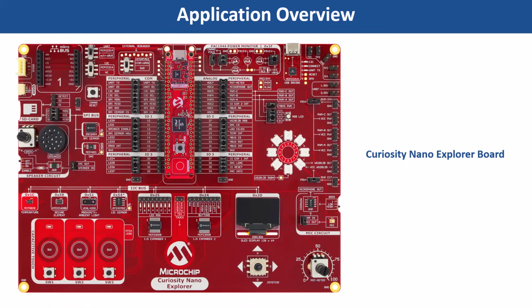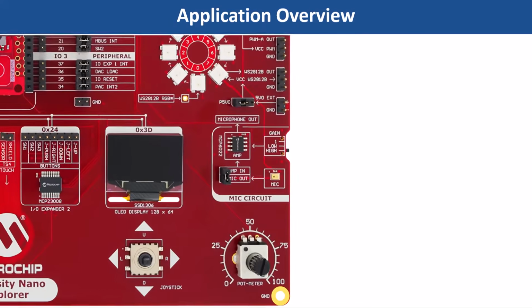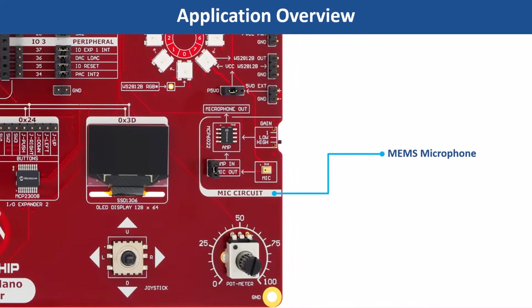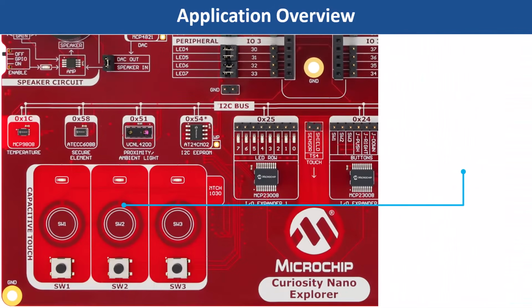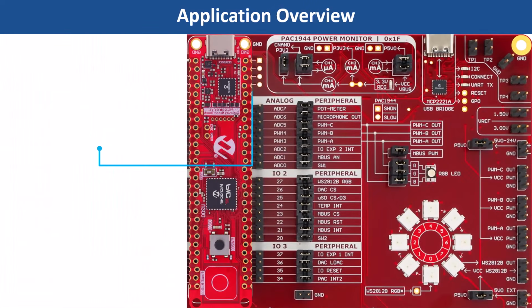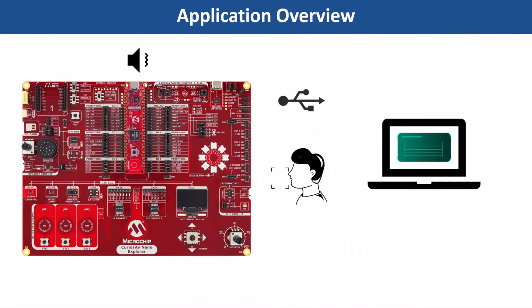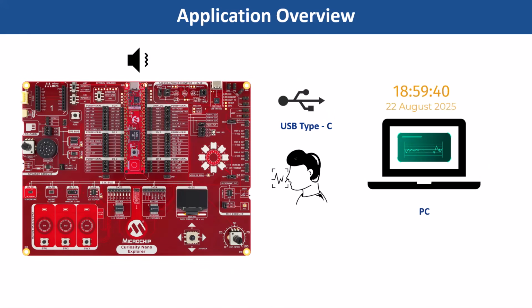The Explorer board expands the functionality with key components like a MEMS microphone, SPI EEPROM for data storage, touch button interface, and power monitoring capability via the PIC1944. Together, this compact yet powerful setup allows developers to demonstrate real-time acoustic sensing, efficient data logging, and ultra-low power operation, all within a self-contained development platform suitable for proof-of-concept designs.